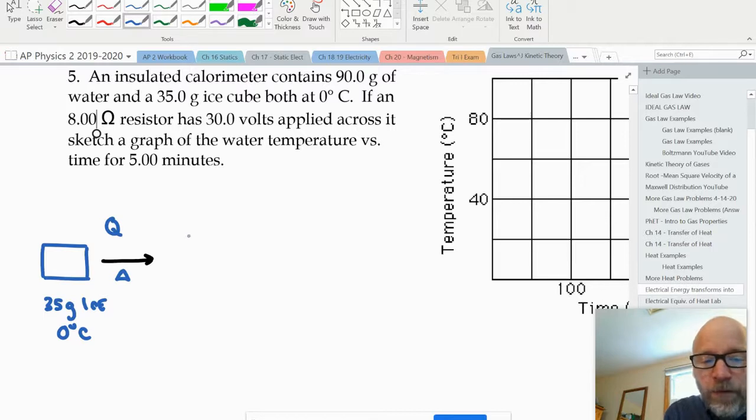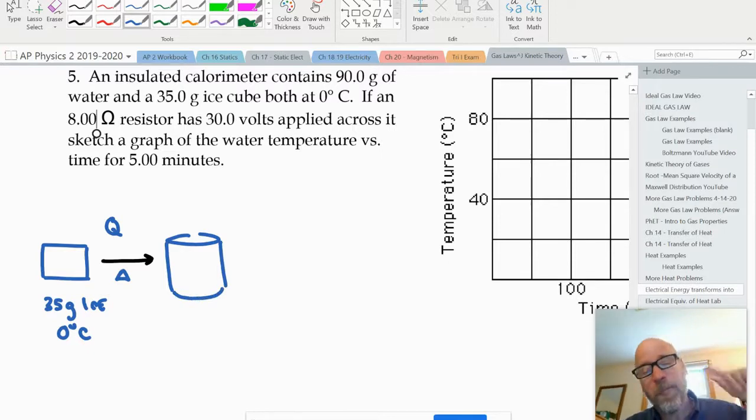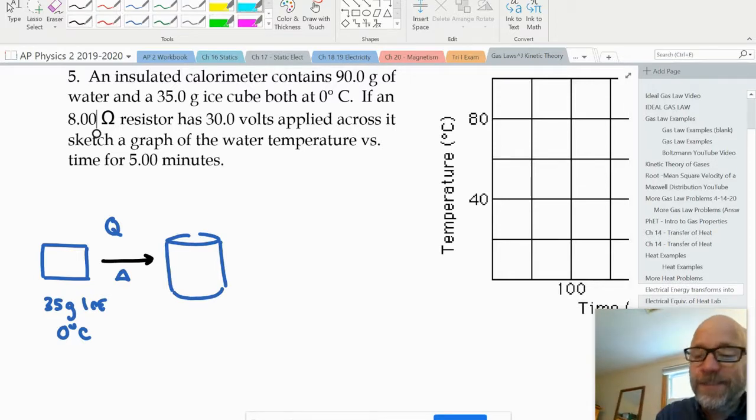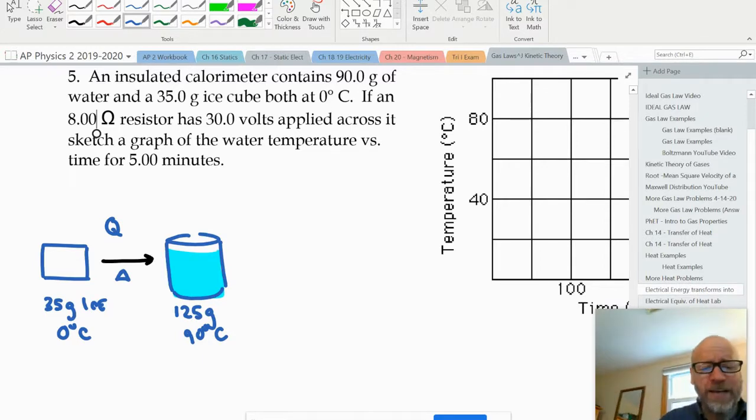When that happens, I would then have a container that would have the 90 grams of water that we started with, plus the 35 grams of ice. Because what's the ice turn into? That's right, water. So now I would have a sample of, what's 35 plus 90? Oh, that's right, 125 grams at, oh, at 90, I lost focus, at 0 degrees Celsius.